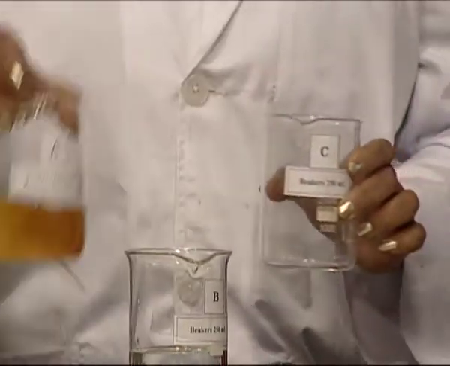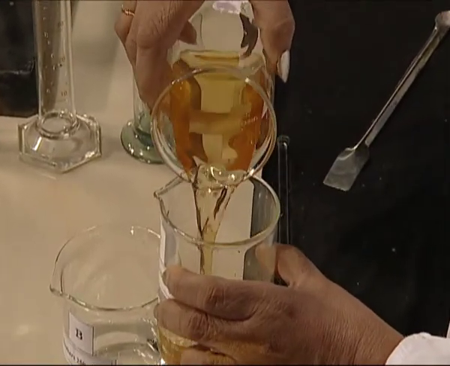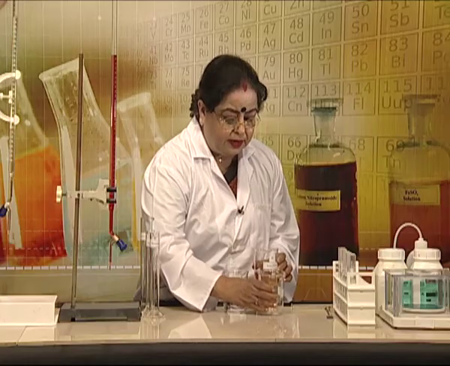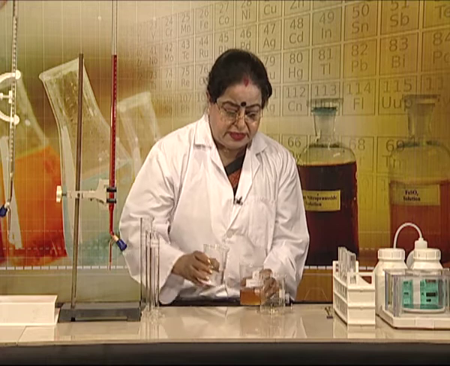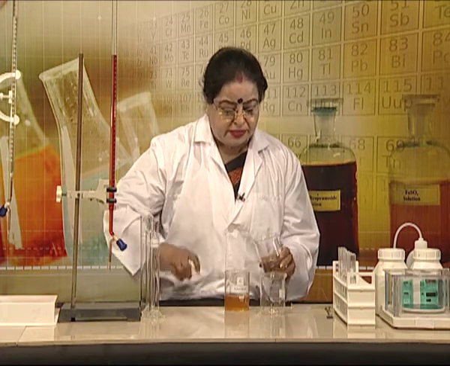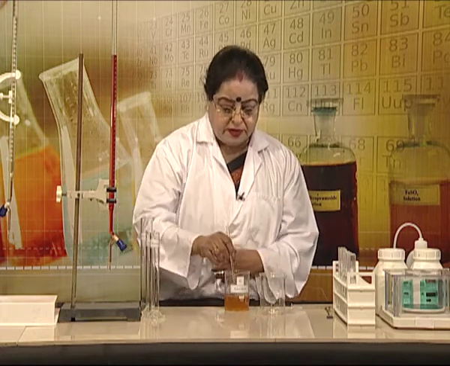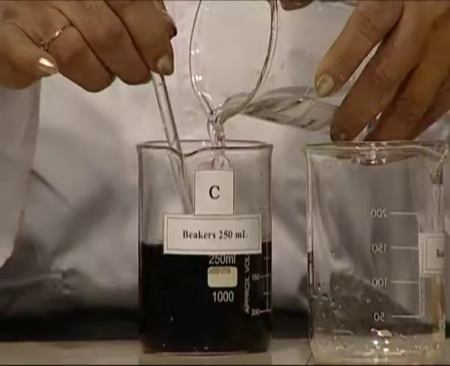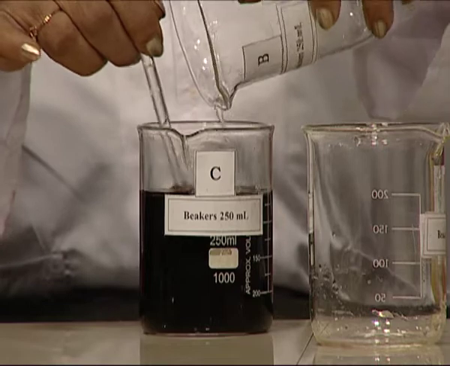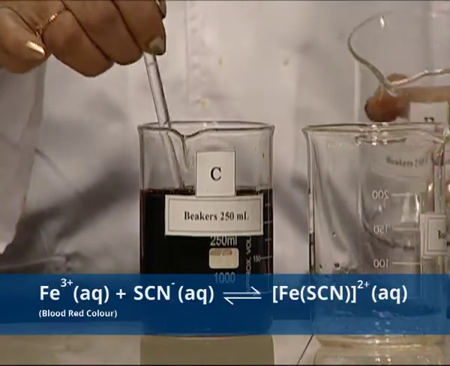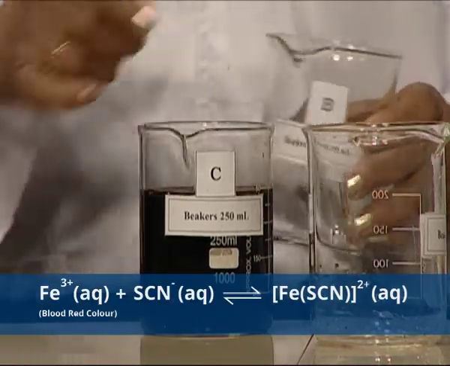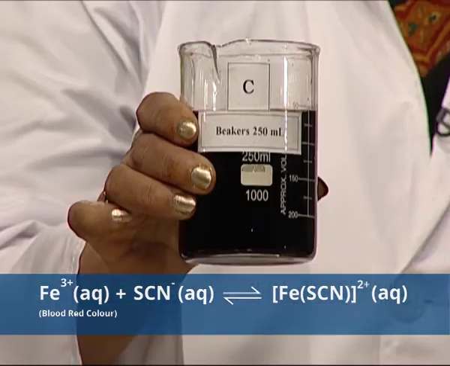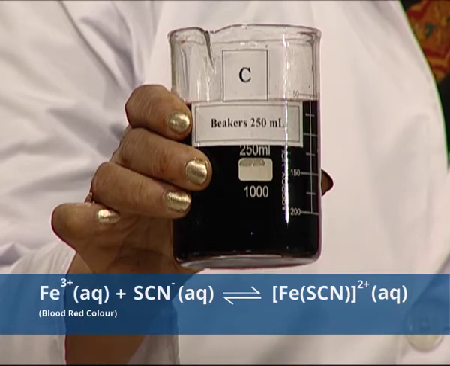I will take ferric chloride first into this and then add the second reactant while stirring, and just see the color change happening. You can see here a blood red colored solution has formed here.